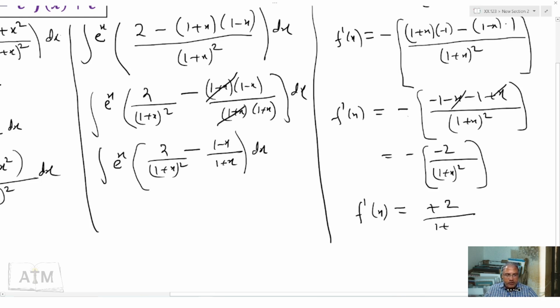So we got f dash x equals 2 upon (1 plus x) whole square. So our trial was correct: this part is f of x and this part is f dash x.